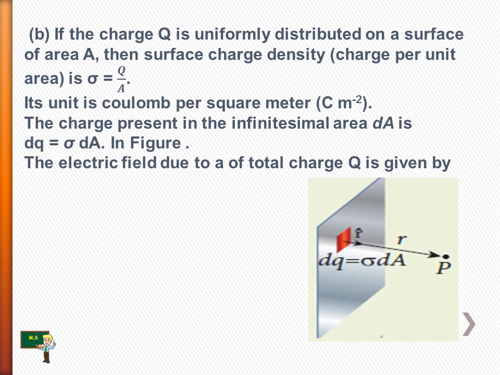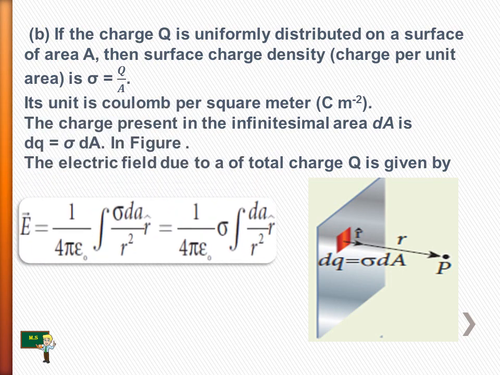Now, the unit for this surface charge density is coulomb per square meter, C m minus 2. The charge present in the infinitesimal area dA is dq is equal to sigma dA.